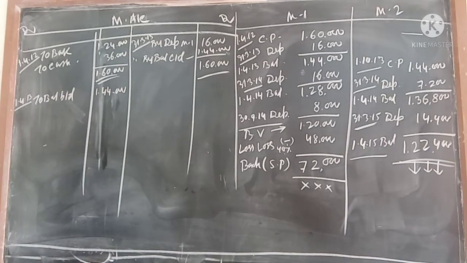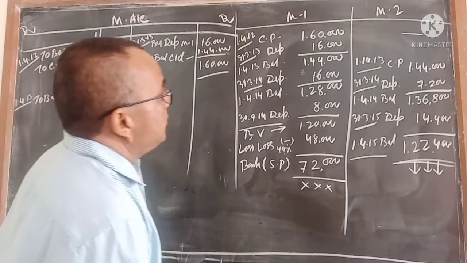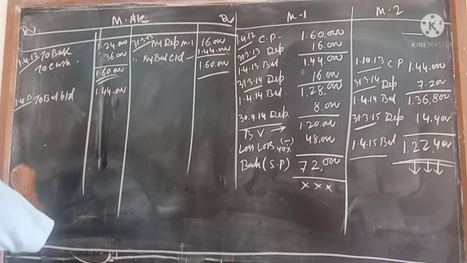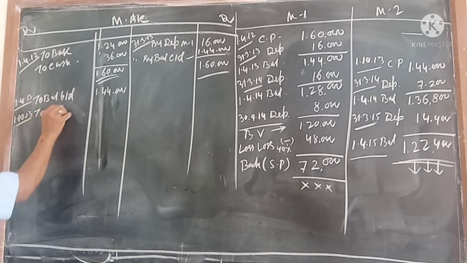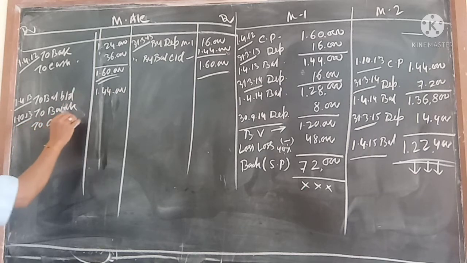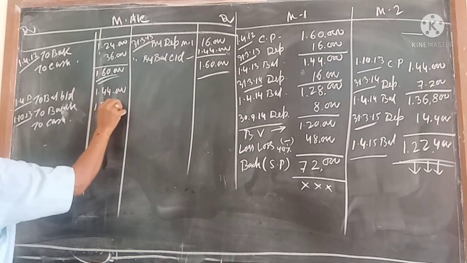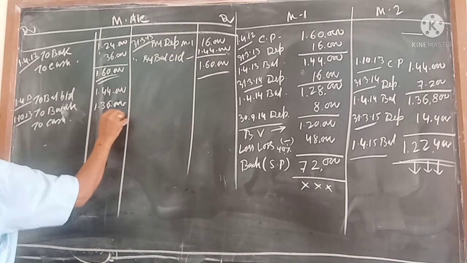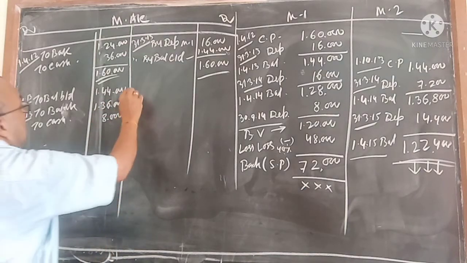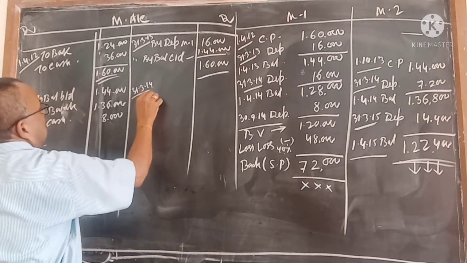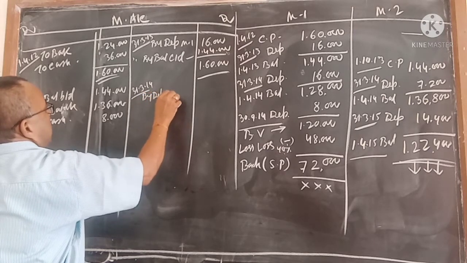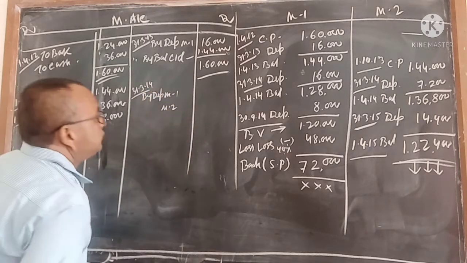Now second year. In the second year I have purchased a machine whose cost was 144. That you write here, 1-10-13, to bank and to cash. I think this was 136 and one 8, whatever. Now charge the depreciation on 31st March 14, depreciation of M1 and M2.